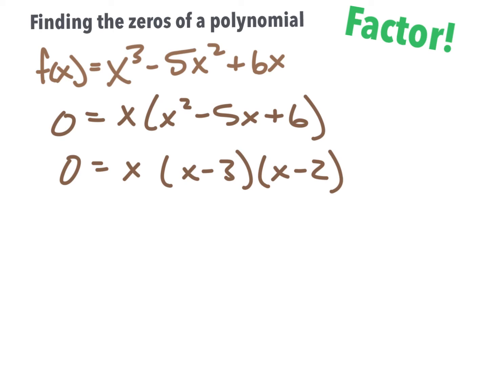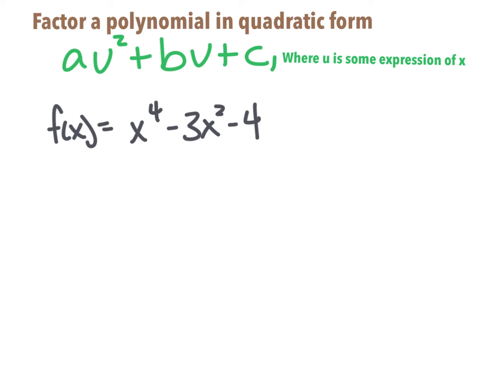Now, I can set each factor equal to 0. So my zeros are x equals 0, positive 2, and 3. And so we see that for x cubed, the number of possible roots is 3, and look, it has 3 zeros.